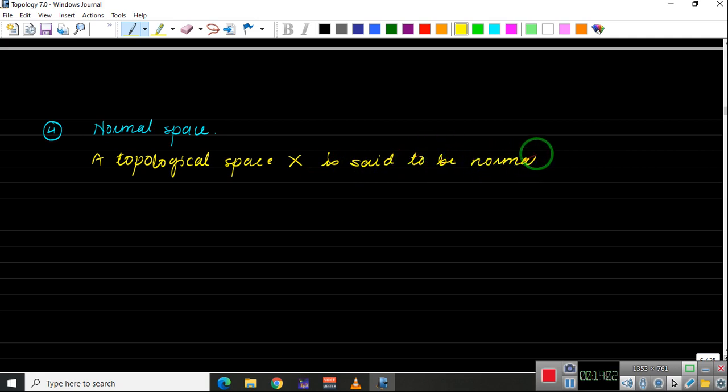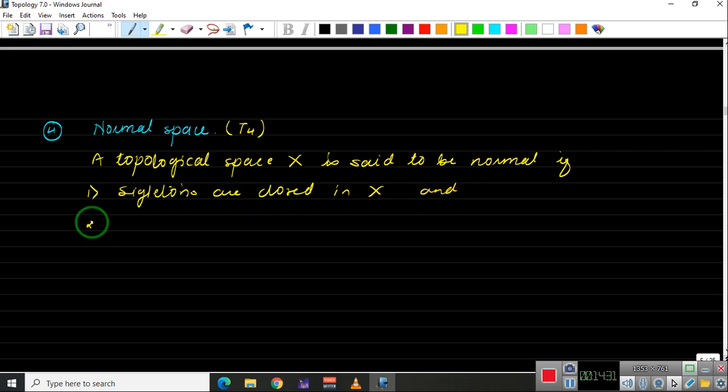normal, or is also called T4, if, as in T3, we have 2 points. First, singleton sets are closed in X, which is also a point in T3.